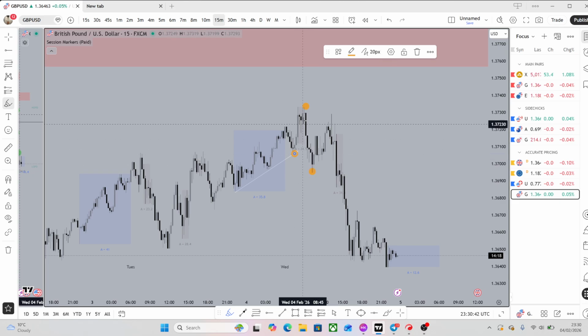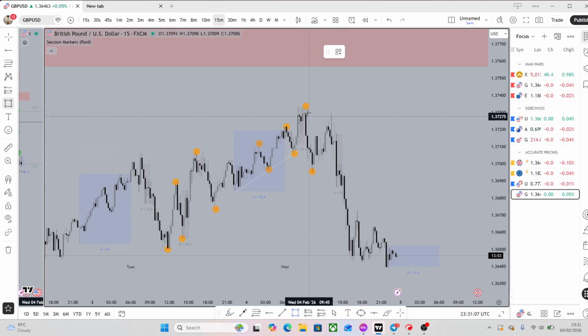So this is the low that gave a high. So we had internal structure: high, low, high, high, low, high, low, high, high, high, low. Then the higher high came here: high, low, higher high, higher low, high, high, lower low.